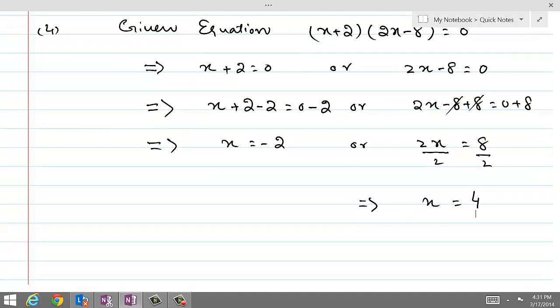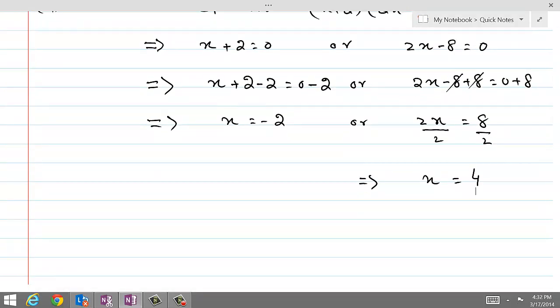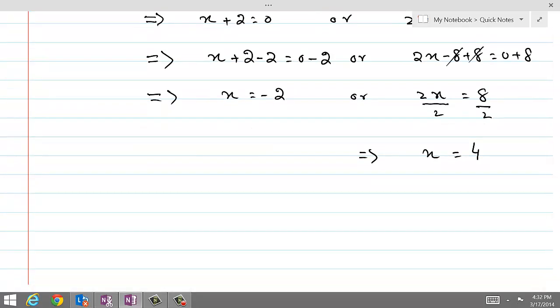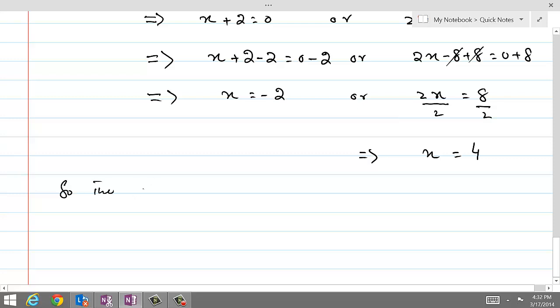So the two possible values are minus 2 and plus 4. So the solution set is equal to minus 2 and plus 4.